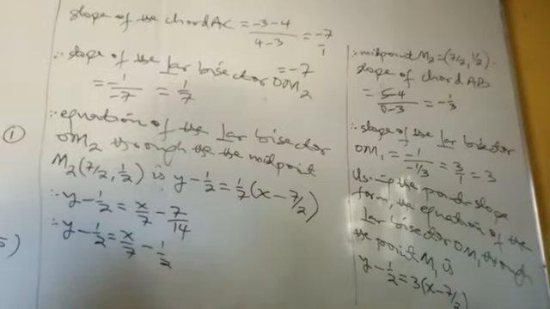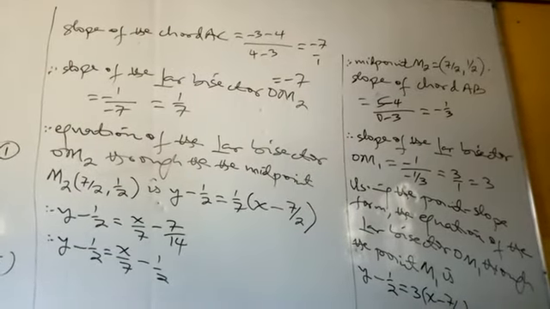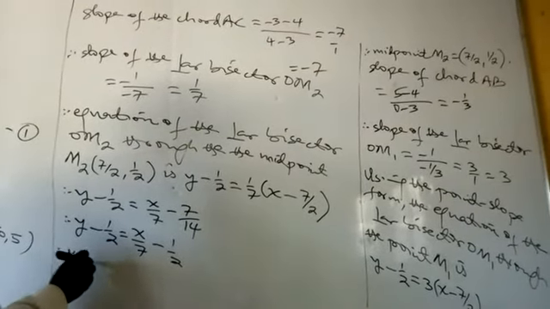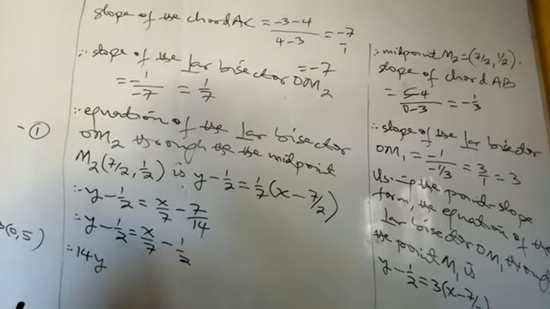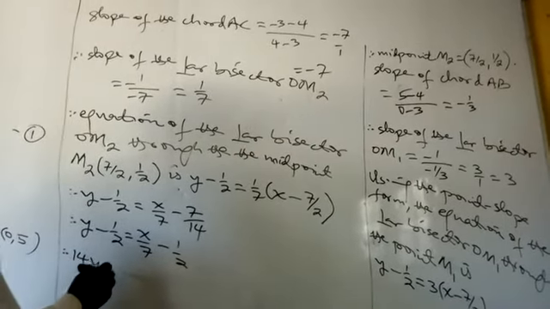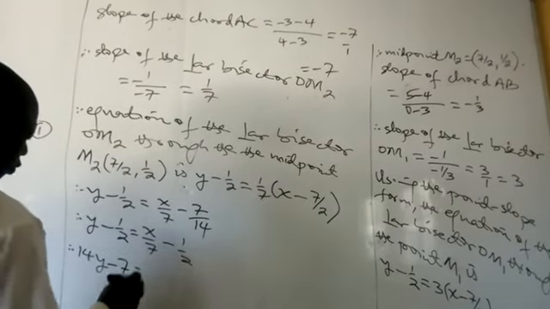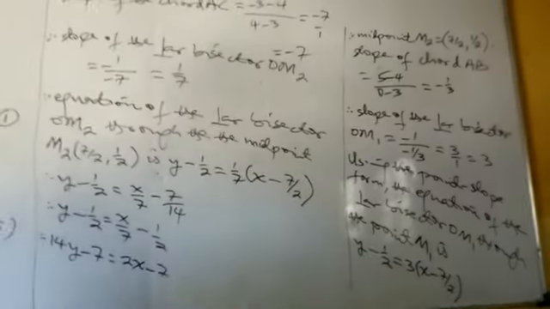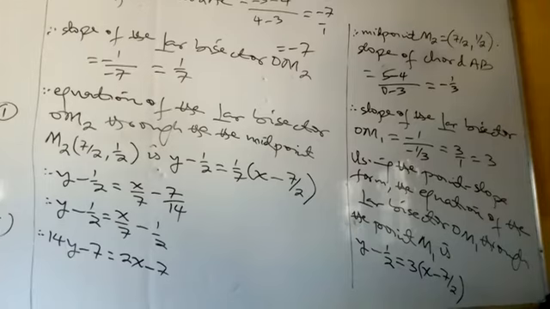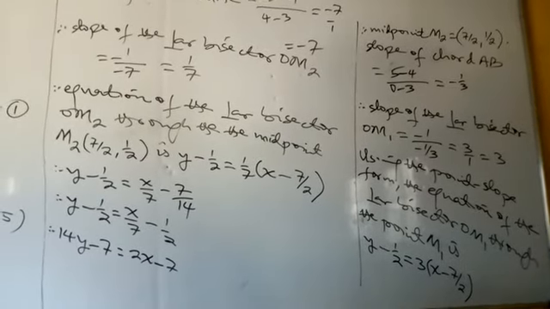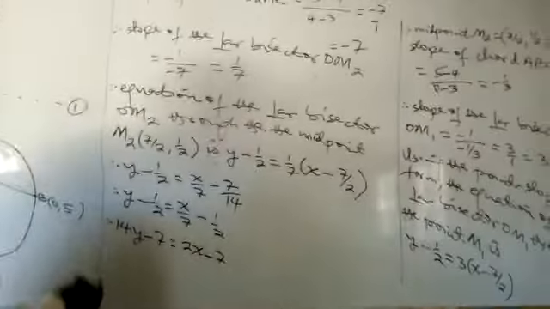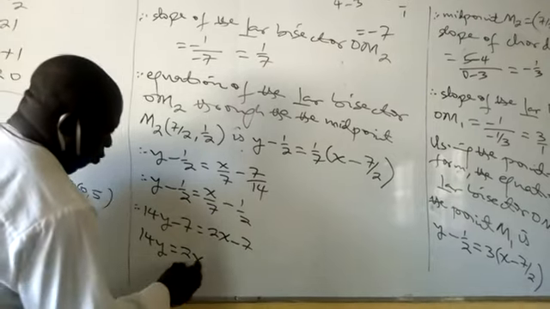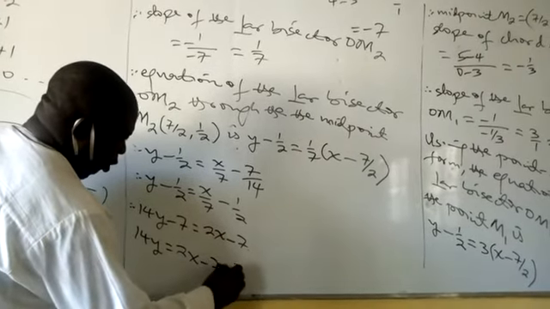Now, clearing the fraction, the LCM in this case is 14. Multiplying through by 14, I have 14y minus 7 is equals to 2x minus 7. So take minus 7 across. 14y is equals to 2x minus 7 plus 7.